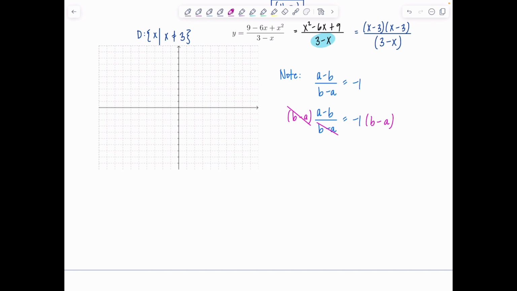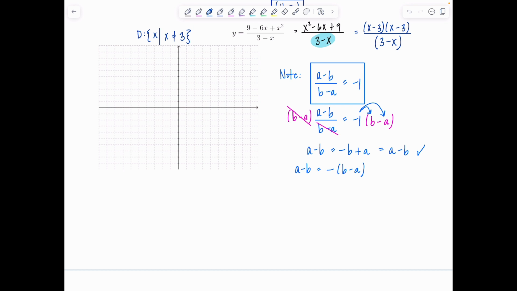This is gone. And then I have A minus B equals, distribute that negative, -B plus A. Well, isn't that the same as A minus B? Okay, so just as a fact, A minus B is equal to negative (B minus A), which is the same as saying (A minus B) over (B minus A) is -1.